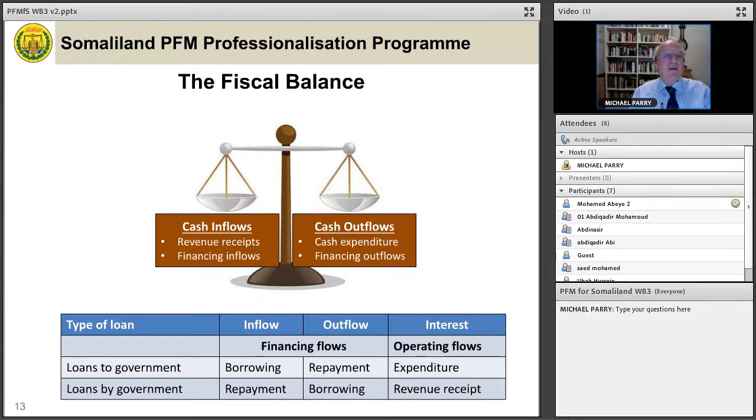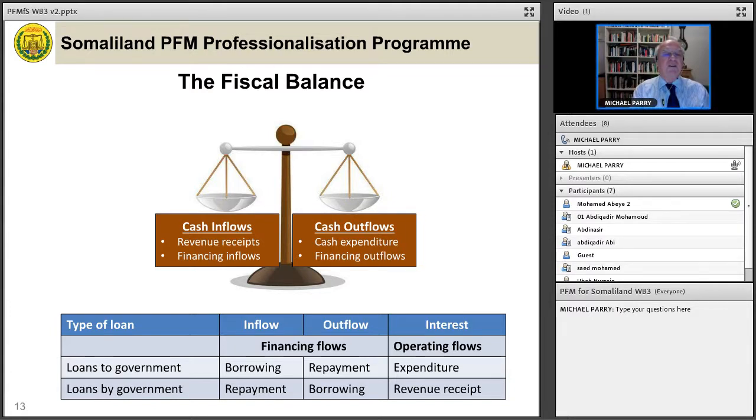What we mean by that is that in all systems, cash inflows and outflows must balance. Any difference will be reflected in a change in your actual balance at the end of the period. You increase or decrease your cash. Cash inflows are revenue receipts plus financing inflows. I'll explain those in a moment.